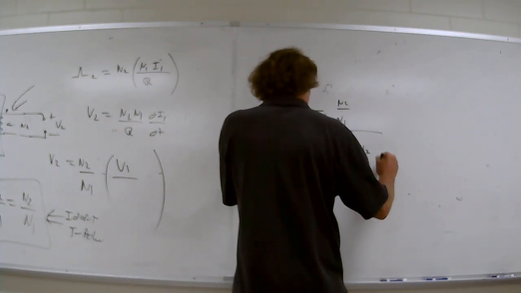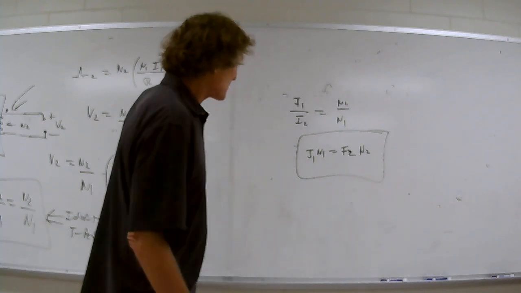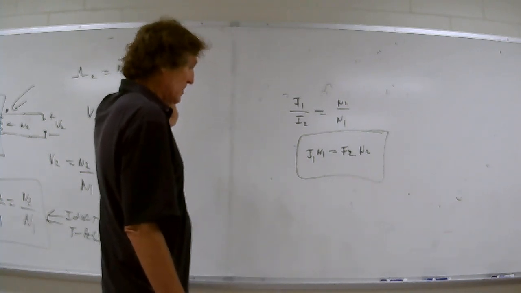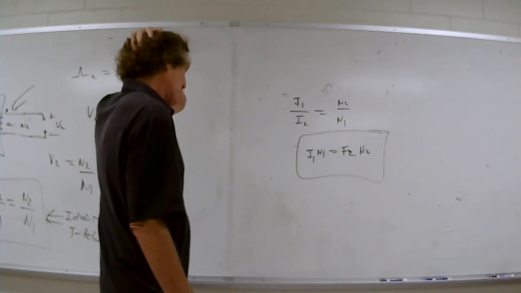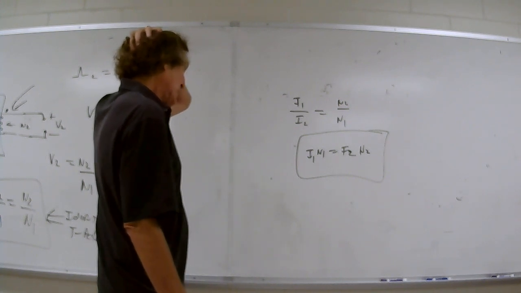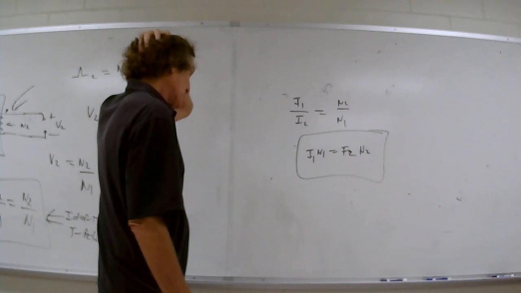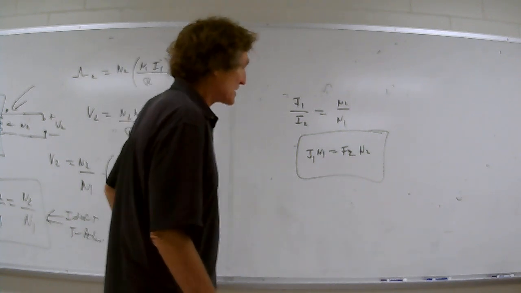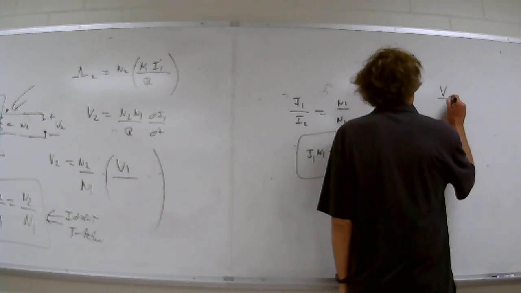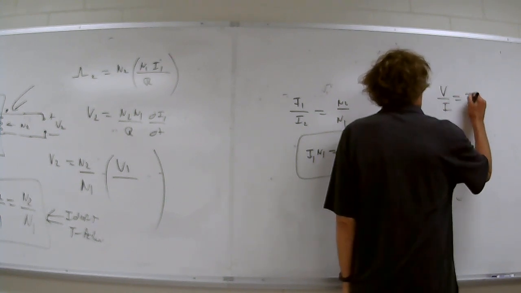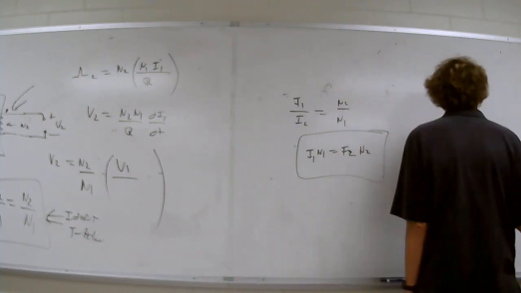Yeah, this will be the truth. So it's really N1 I1 is N2 I2, the product rule. Then you can get one other thing too, because the ratio of voltage to current is impedance, and I'm just going to end with this.